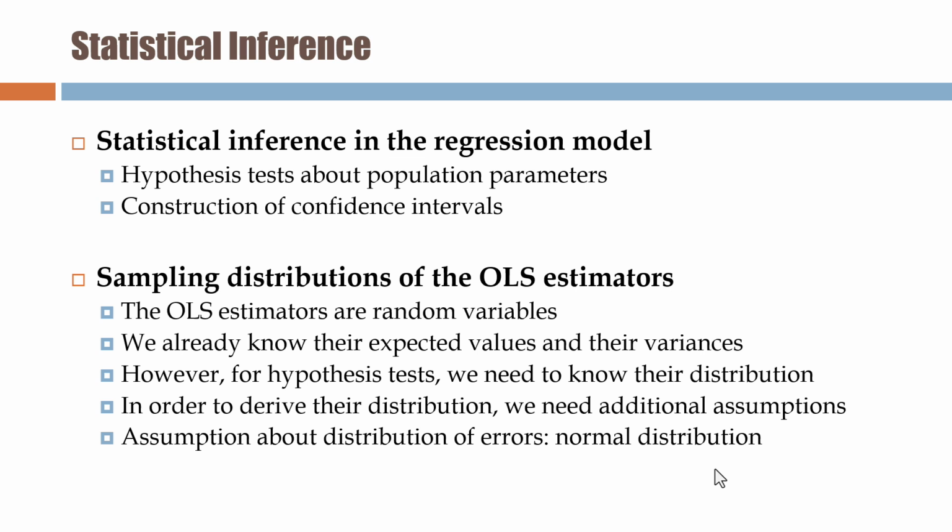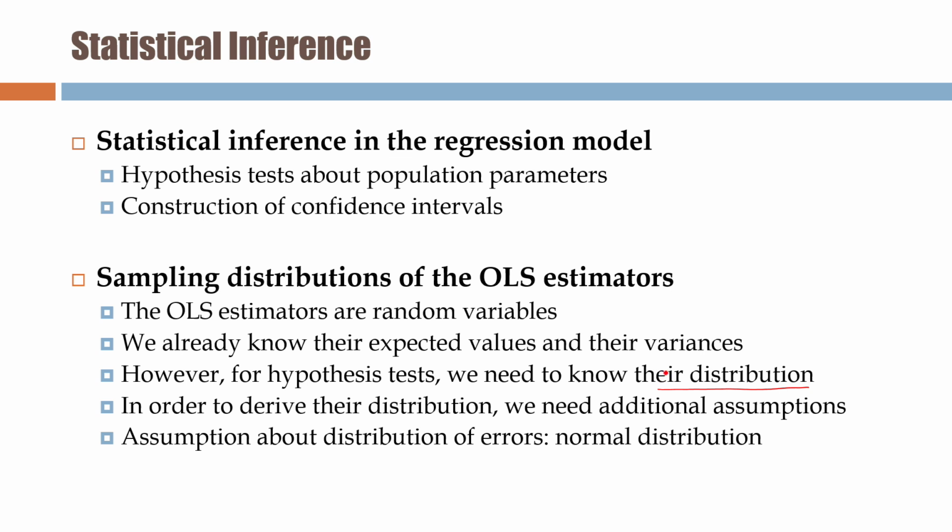Okay, sampling distribution of the OLS estimator. We calculate the estimator, but those estimators are random variables because our samples are random. We know the expected value and the variance, but we also have to know the distribution, right? We need to know their distribution.